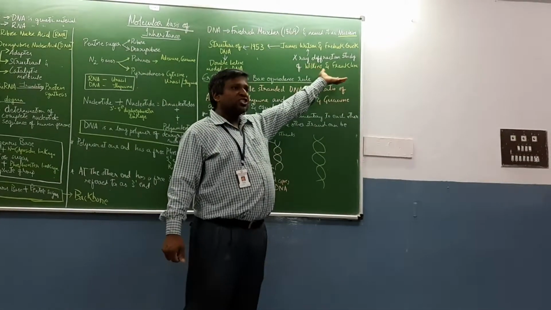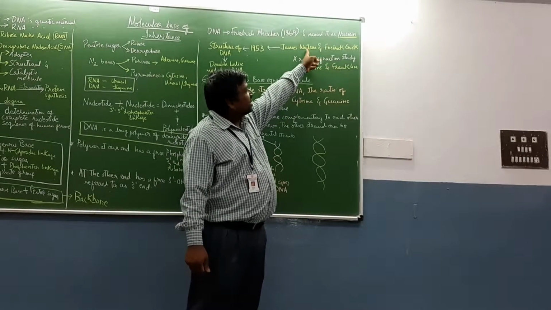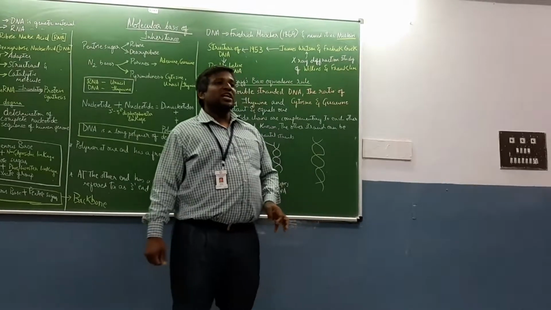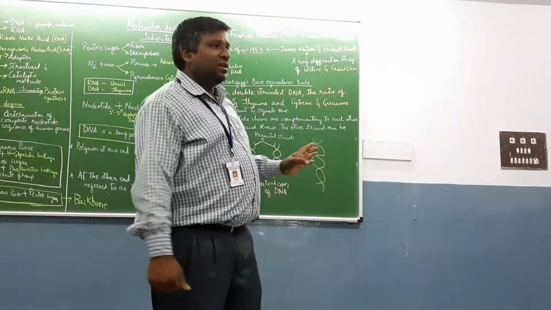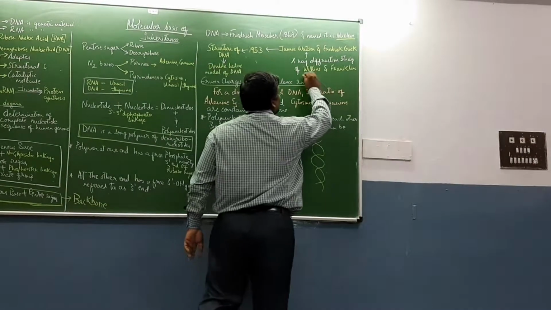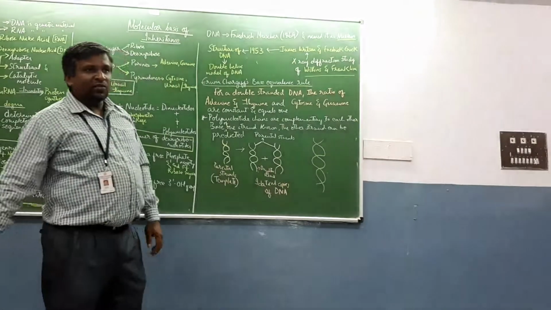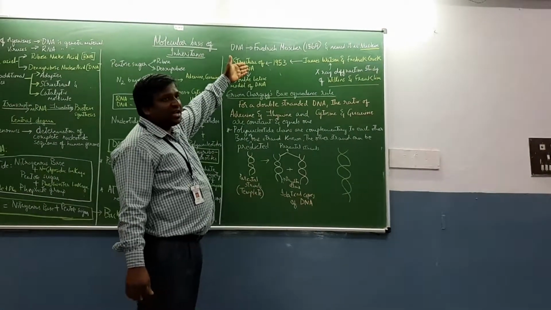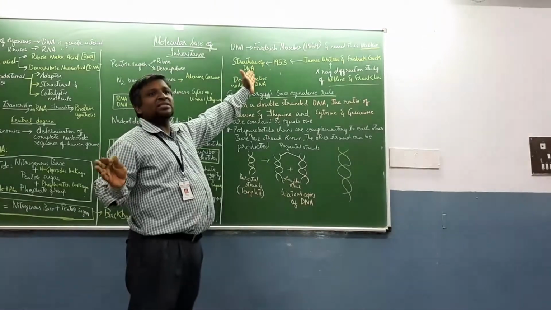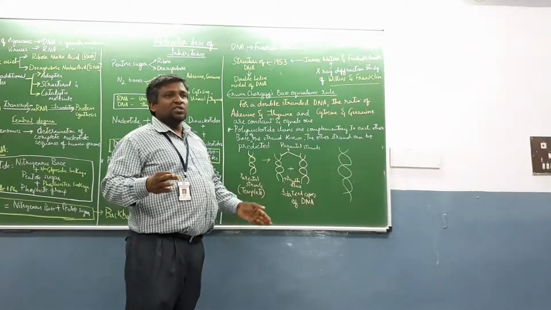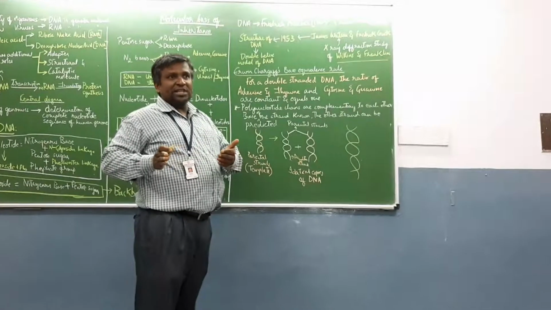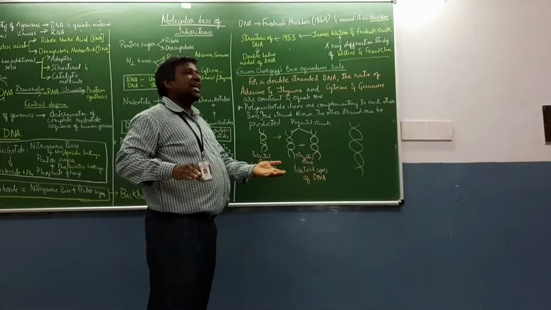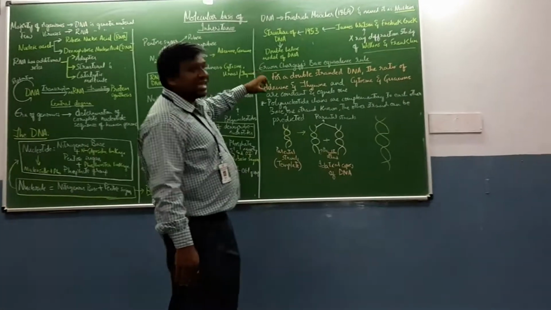Based on this information, James Watson and Francis Crick put forth the structure of DNA, the double helical model, in 1953. They got the Nobel Prize for this epoch-making work. So molecular biology is very recent in origin. From 1953 we are studying molecular biology. After understanding the structure of DNA, a lot of progress has happened.